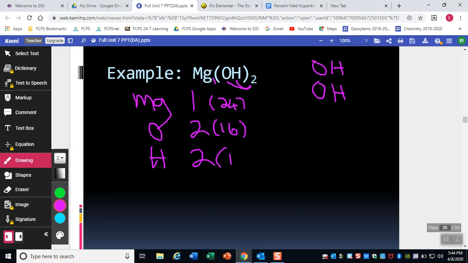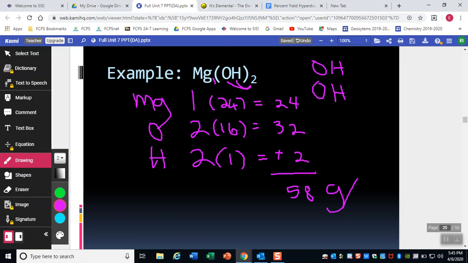And hydrogen, I remember, is 1. So I'll multiply these together. 1 times 24 is 24. 2 times 16 is 32. 2 times 1 is 2. And I'm going to add them together to get my molar mass, the total. 4, 6, 8. So that would be 58, and that's grams per mole.